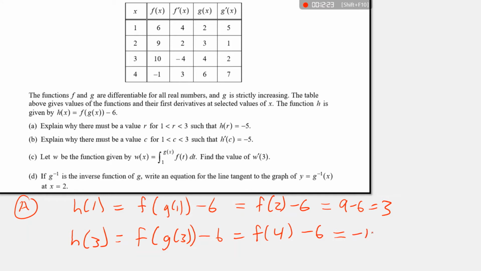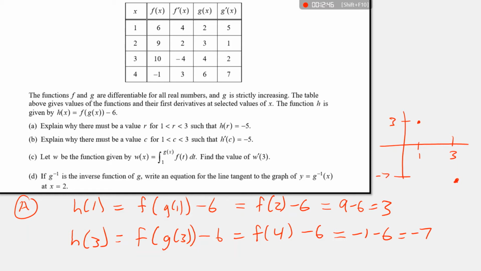Minus 1. So that's negative 1 minus 6. Okay, is negative 7. Okay, so we went from h at 1 was positive 3, and h at 3 was negative 7.